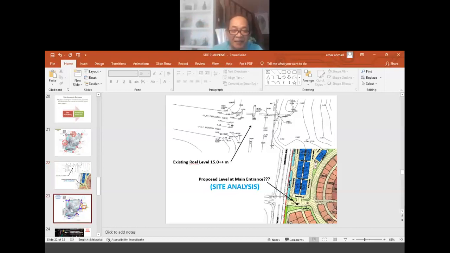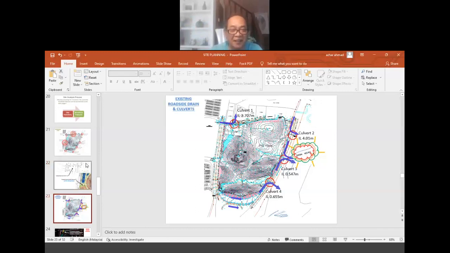And then another beneficial factor is the existing culverts. If we want to use this existing culvert for the discharge of water surface runoff from the site to all these existing culverts, then we must take note of the invert level, because this invert level will then control the level on the inside of the site, sebelah dalam tapak.